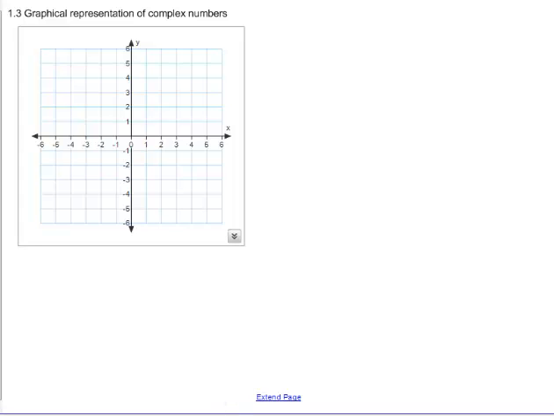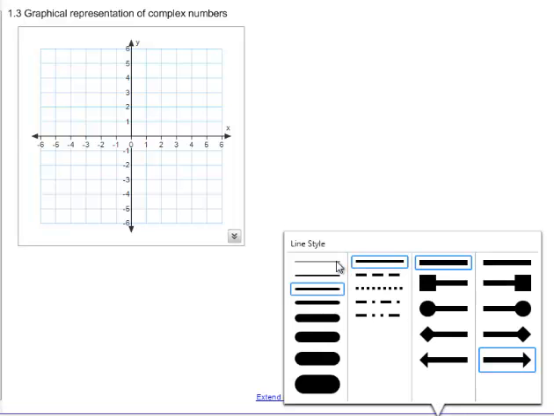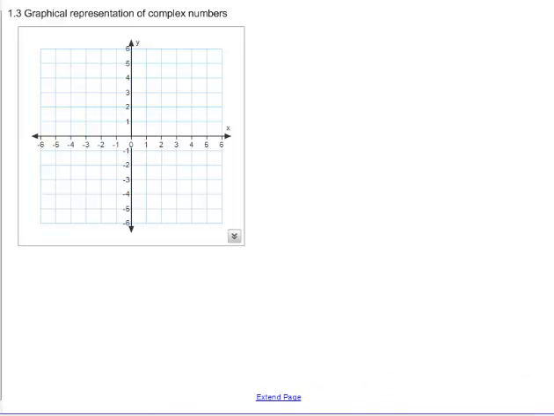So if I take a pen and put a point there, points on the system of coordinates or on the plane are pictures of complex numbers. Does everybody understand that?